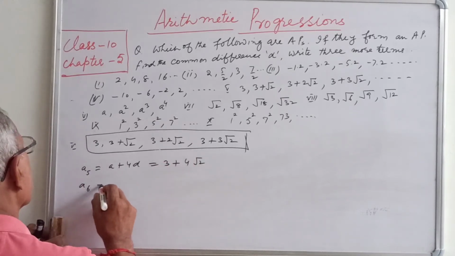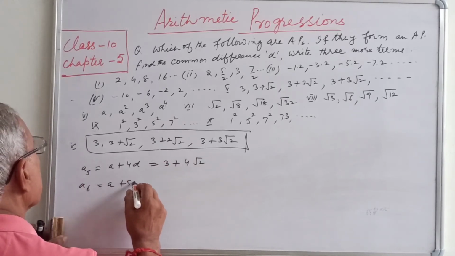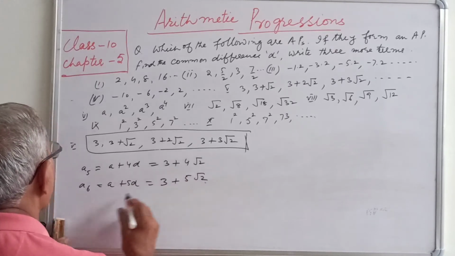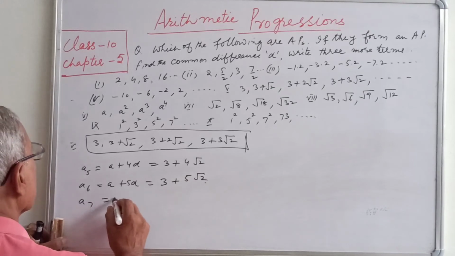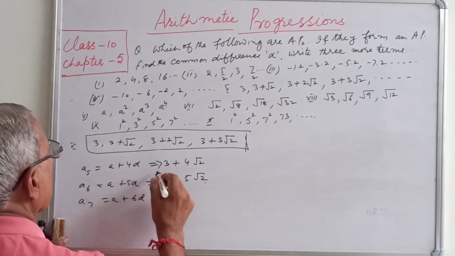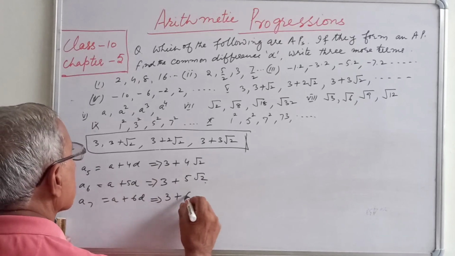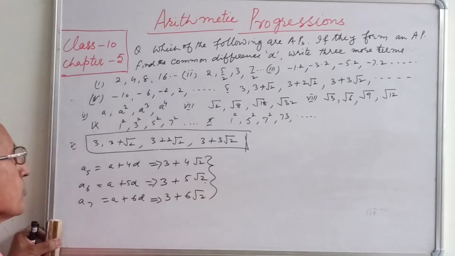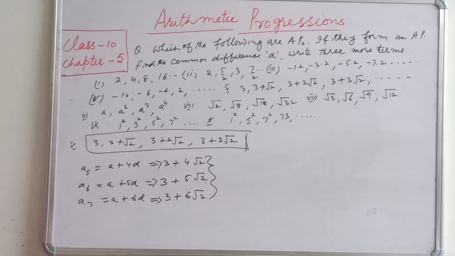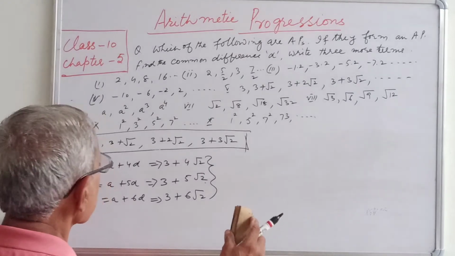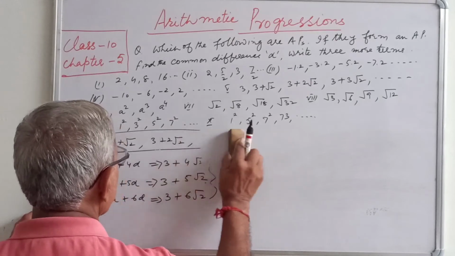A6 is A plus 5D, so 3 plus 5 root 2. A7 is A plus 6D, 3 plus 6 root 2. These are the 3 more terms of the given AP: 3 plus 4 root 2, 3 plus 5 root 2 and 3 plus 6 root 2.